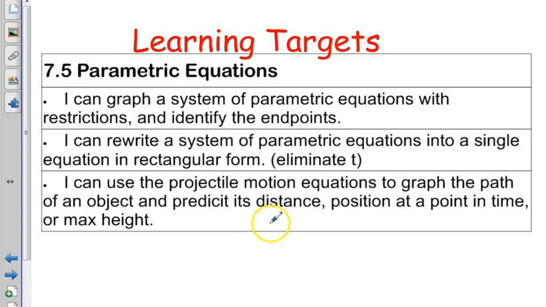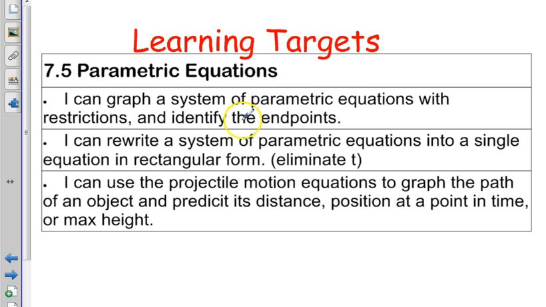Okay. The learning targets on parametric equations today, we are going to have equations that have x, y, and t. It's going to be x in terms of t and y in terms of t. So you are going to have to graph these, find endpoints based on the restricted values.